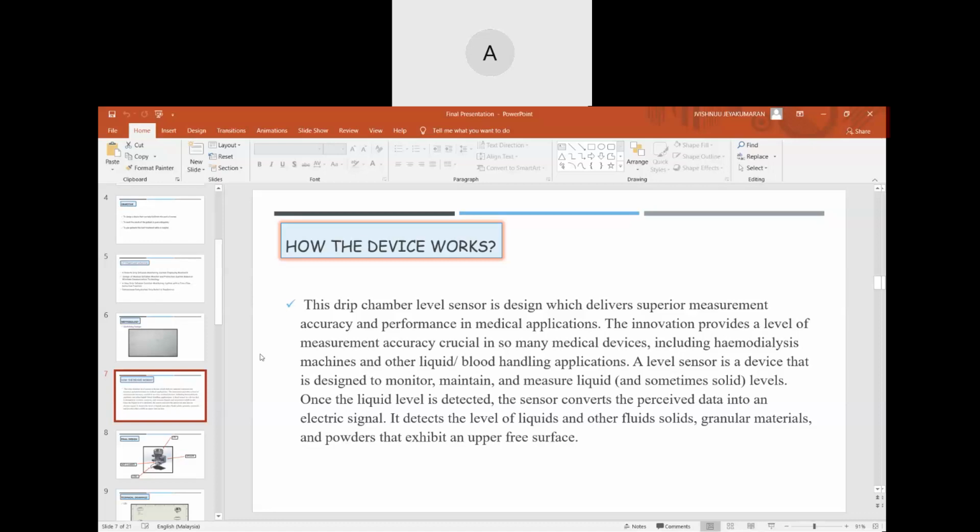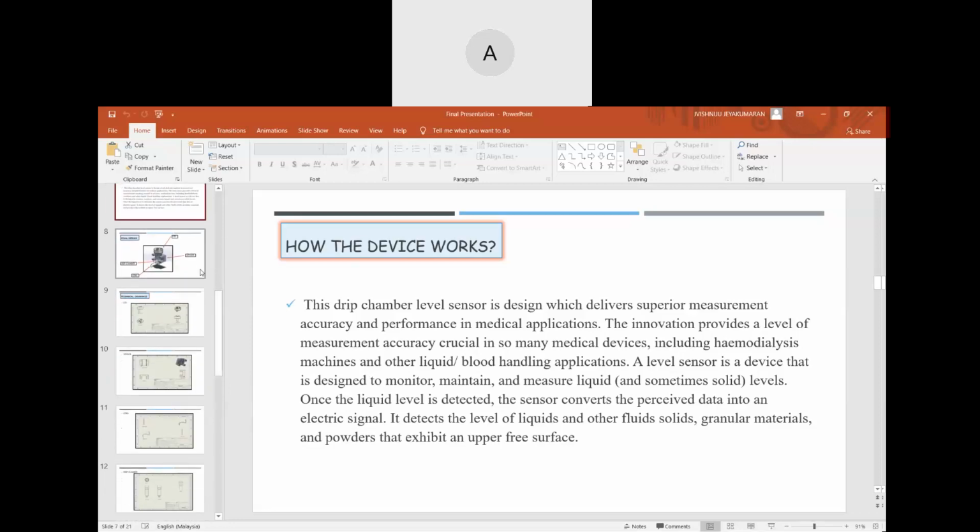A level sensor is a device that is designed to monitor, maintain, and measure liquid level. Once the liquid level is detected, the sensor converts the perceived data into an electric signal. It detects the level of liquids and other fluids, solid, granular material, and powder that exhibit an upper free surface.